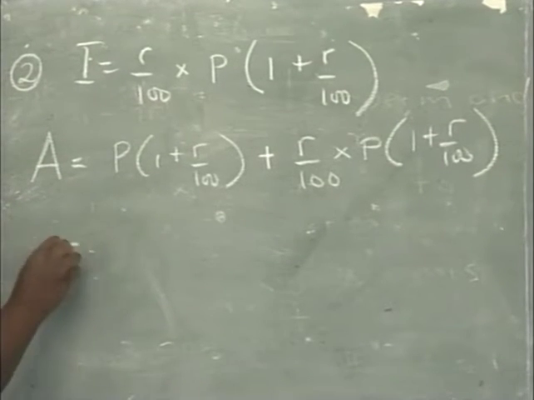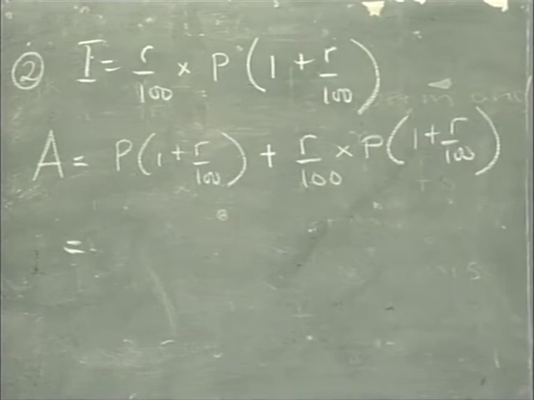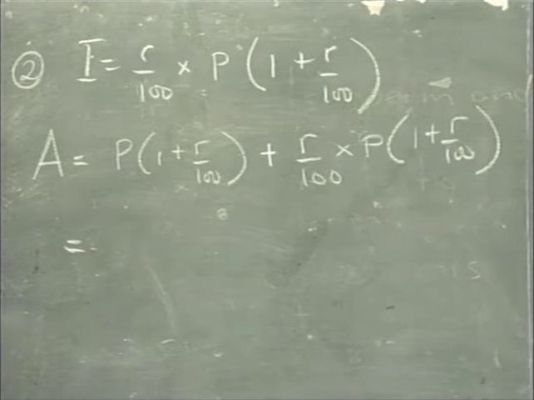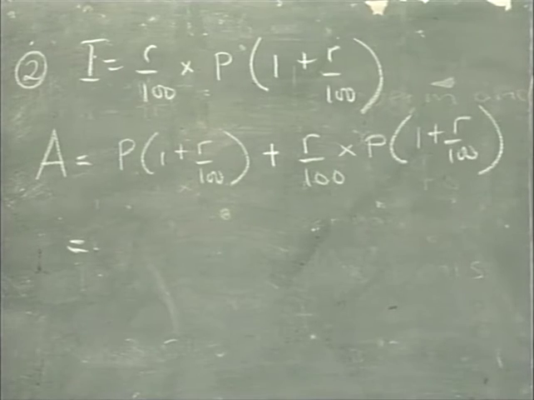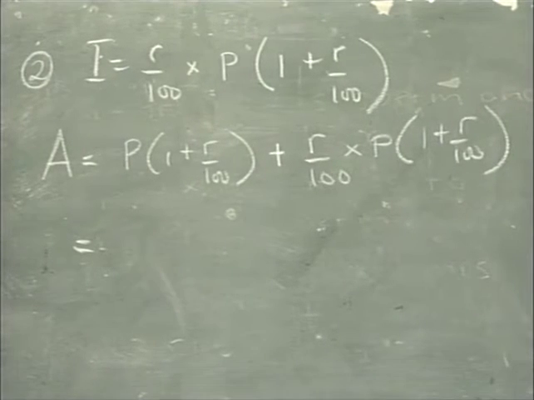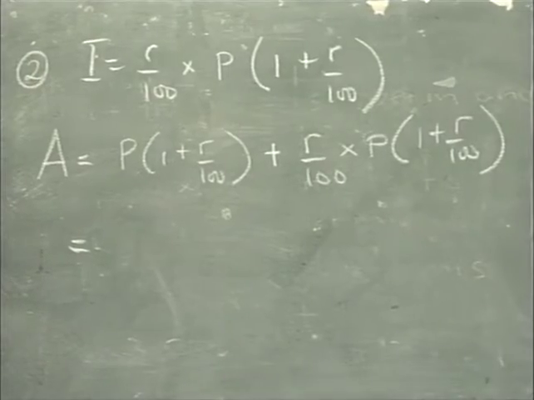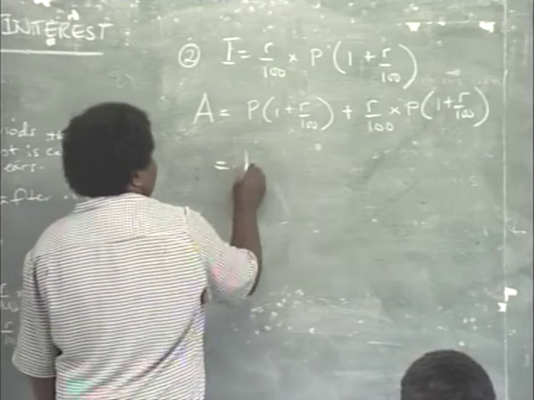Okay. Can you see a common factor? Pondrile, can you give me a common factor? P times 1 plus R over 100.